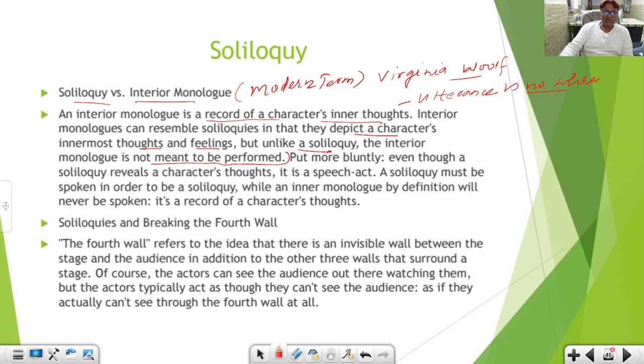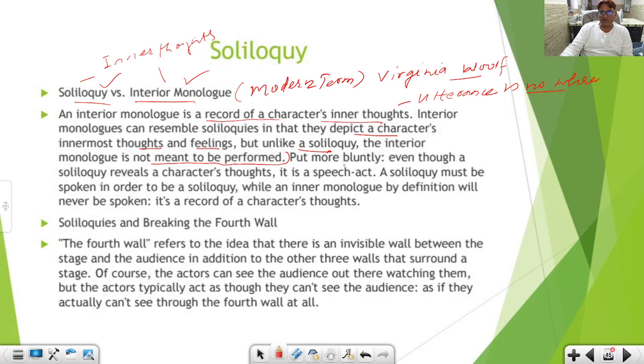They are similar on one point, and the point is inner thoughts. We find inner thoughts both in soliloquy and interior monologue. But the difference is that in soliloquy, the thoughts are meant to be performed and uttered, but in interior monologue, the thoughts are not meant to be performed or uttered.